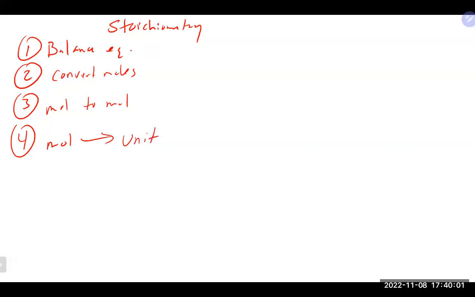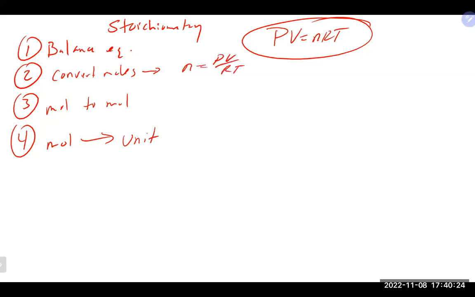The difference with gas stoichiometry is that somewhere along the way you will use PV equals nRT. Usually you'll use the ideal gas law in your stoichiometry problem. If you use it up front, in the second step, you would be solving for moles, so n equals PV over RT.